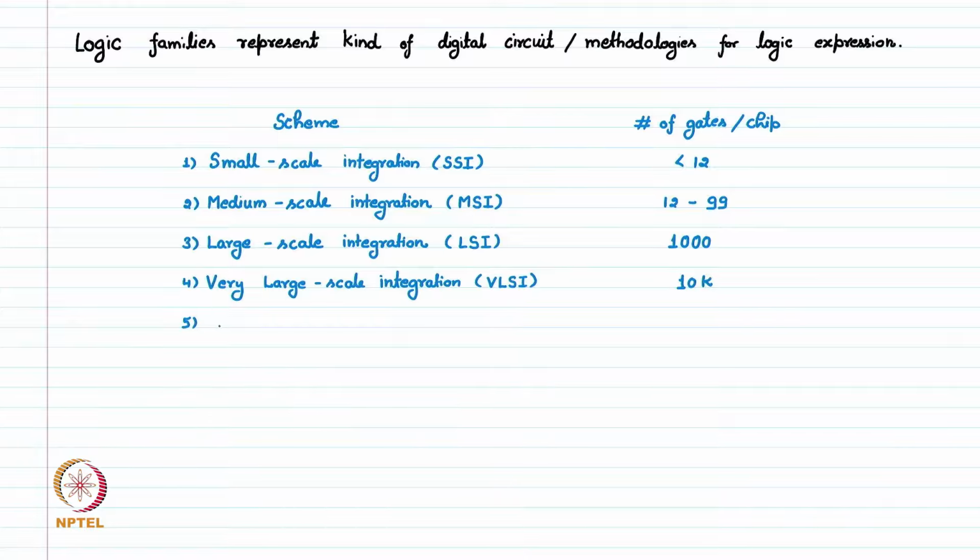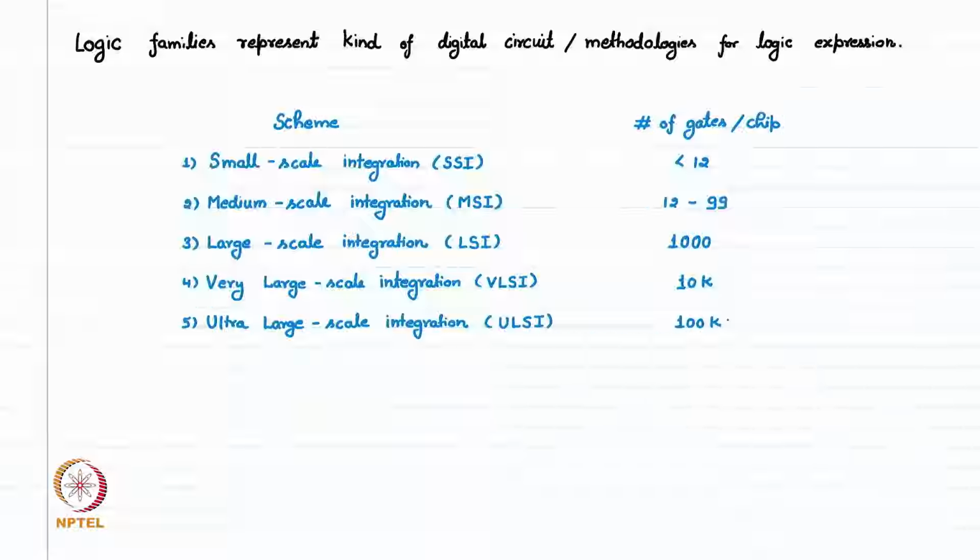After this we have ULSI, or ultra large scale integration, where we typically have 100,000 gates on a single piece of silicon.